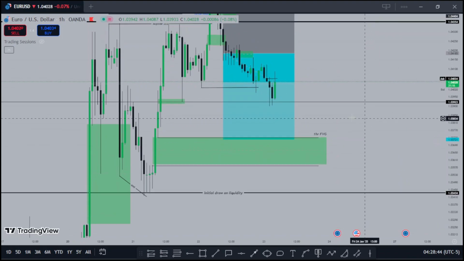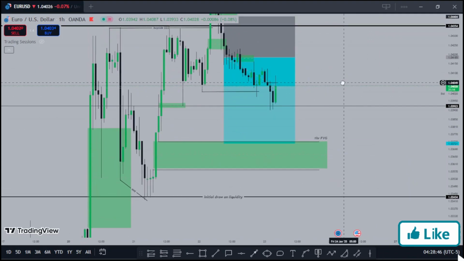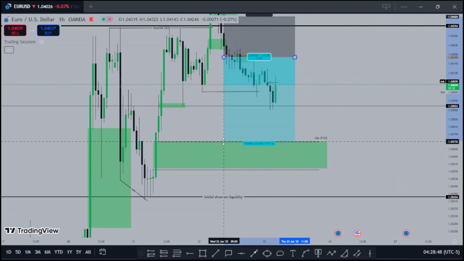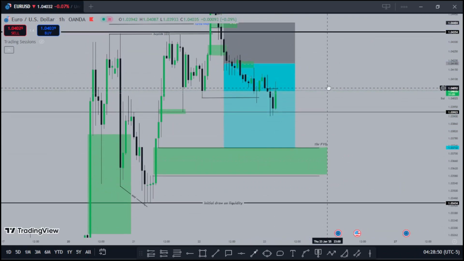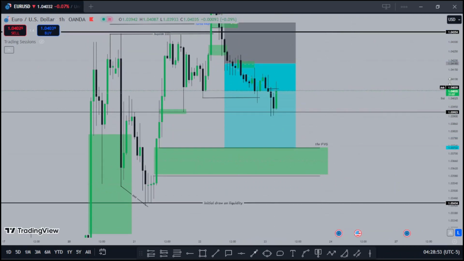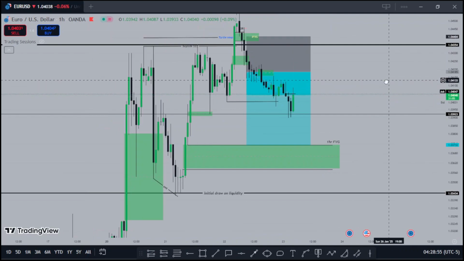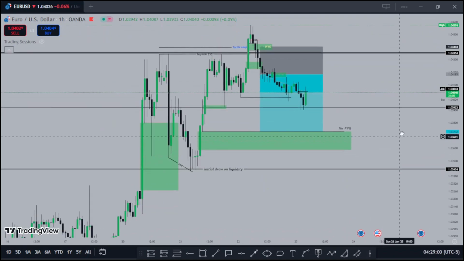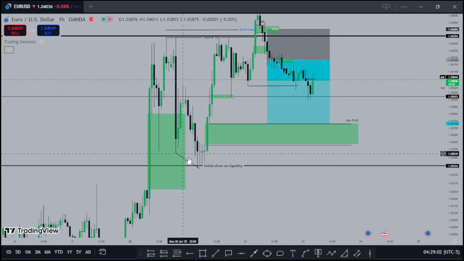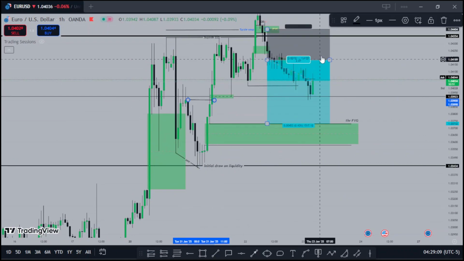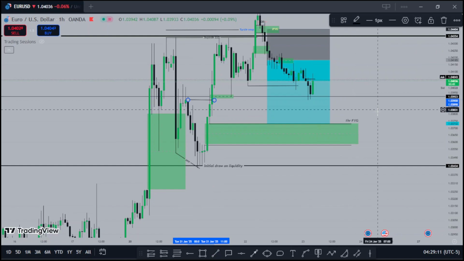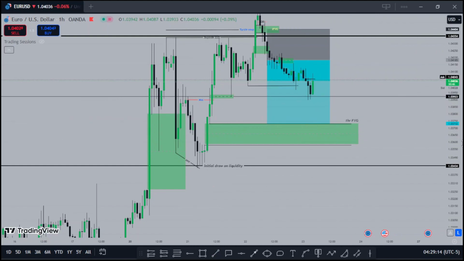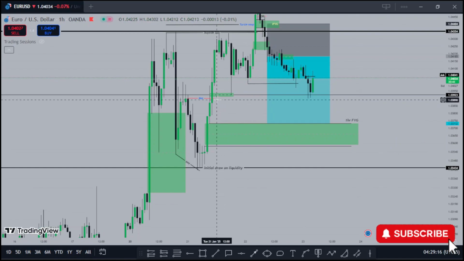I'm expecting price to drop all the way to this 1 hour fair value gap, and then this is where we might expect to see price continue going up, because I think it's going to continue going up. If we look to the left, back on the 1 hour time frame, remember the SMT that we had over here. We had an SMT, and then price changed character, giving us a market structure shift, or a changing state of delivery, however you want to call it.